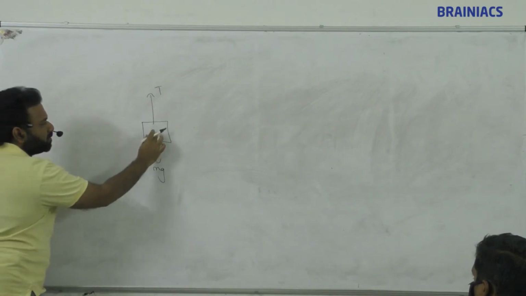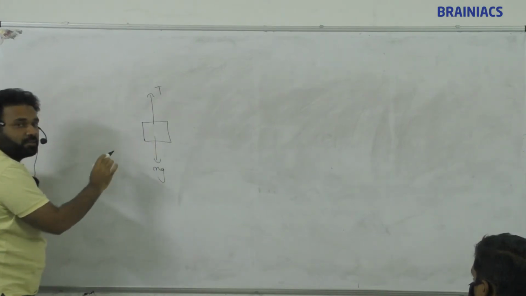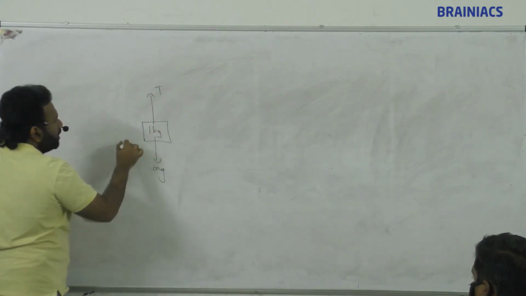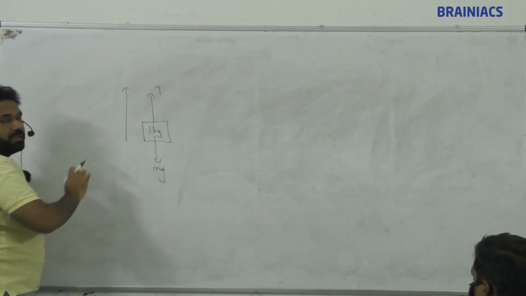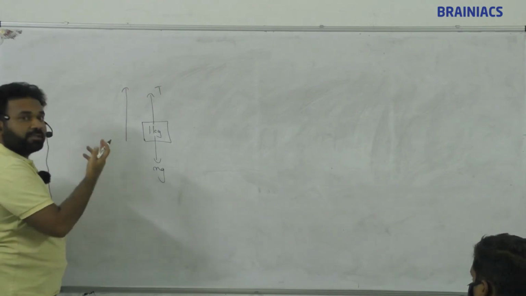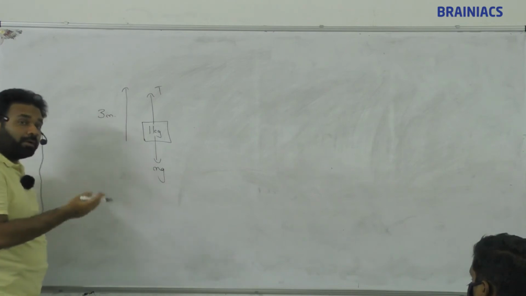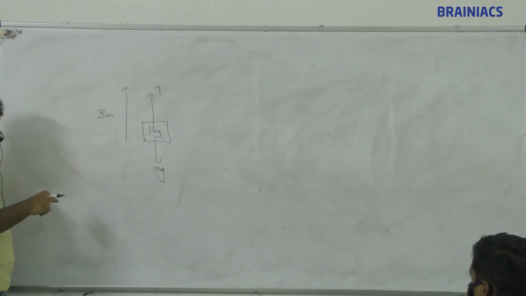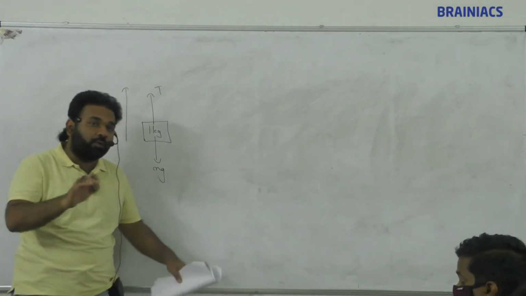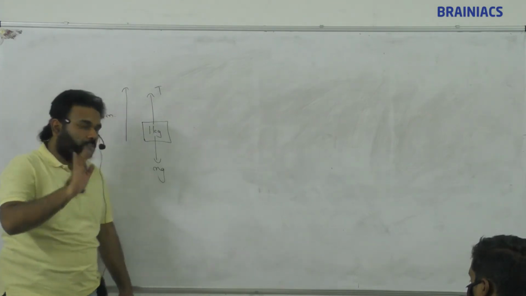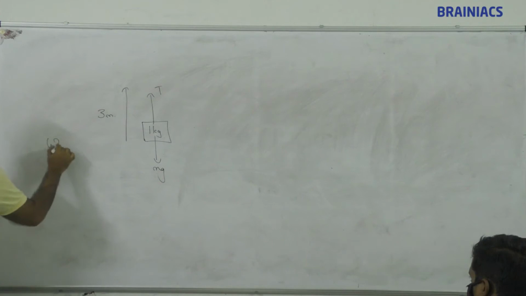This is one, about 1 kg mass or 2 kg. How much is the displacement? In which direction? What are you trying to find? Work due to gravity or work due to tension? Work due to tension.